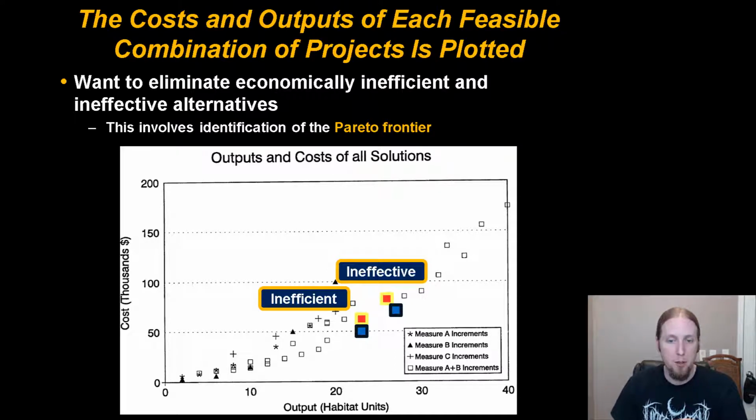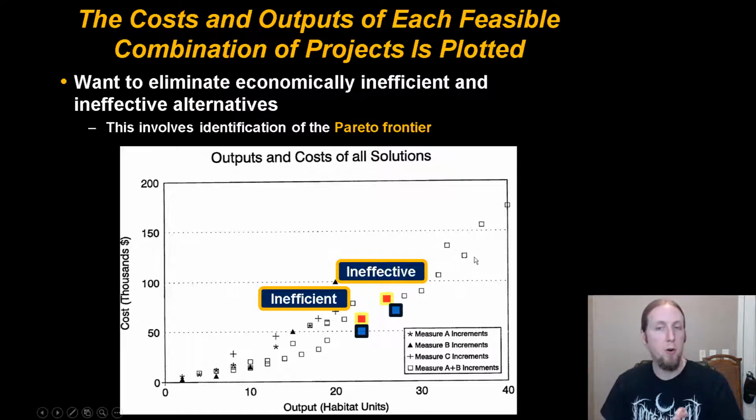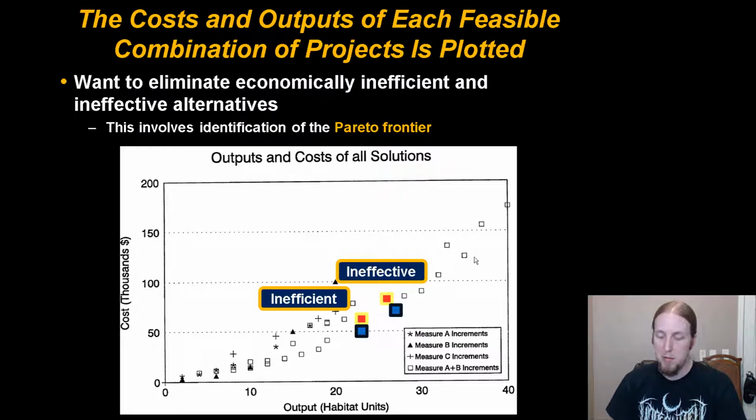And what we end up with is a set of projects that are kind of on the envelope of this curve, for which there are no other projects that dominate them in the sense of being better or at least as good with respect to both of our metrics, the habitat units and the cost.